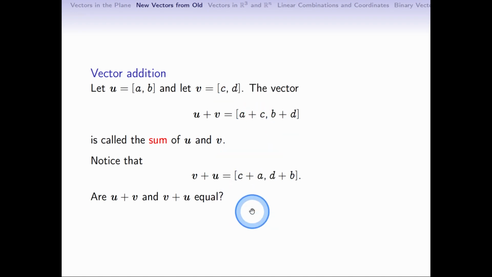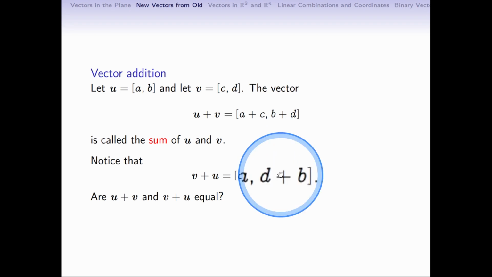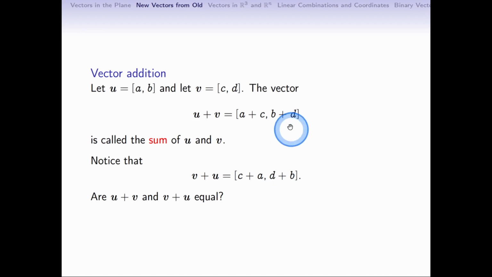And the answer is yes, because addition is commutative under the ordinary rules of arithmetic on the real numbers. So a plus c and c plus a are the same thing. B plus d and d plus b, again, because addition is commutative on the real numbers in the ordinary sense, those components are also equal to each other. So since these are equal component-wise, these vectors, in fact, are equal to each other.